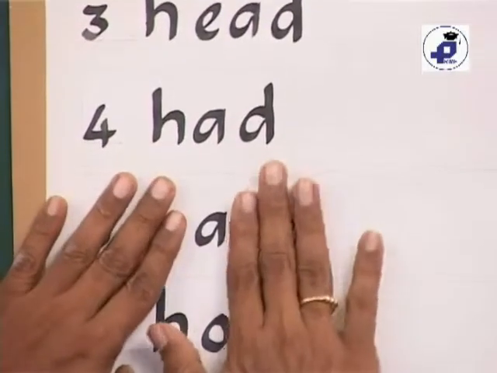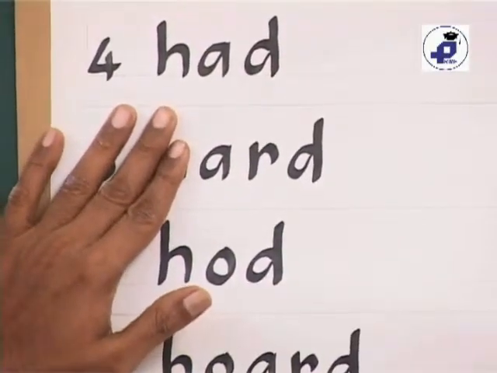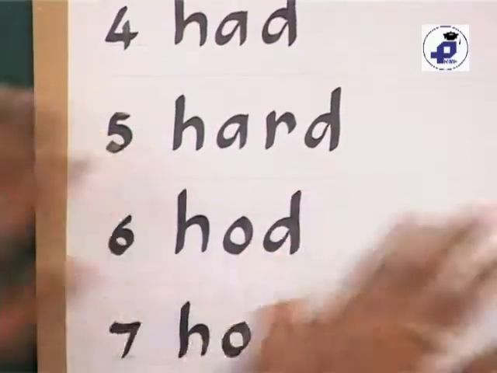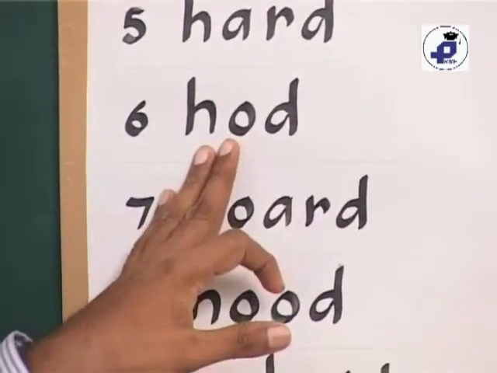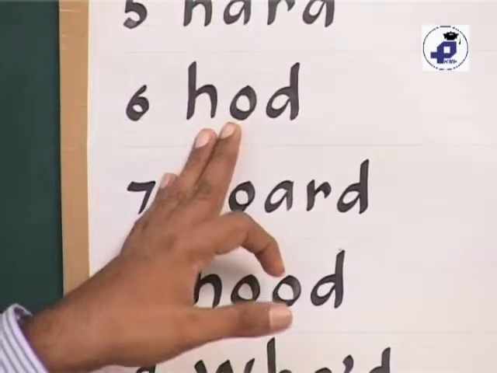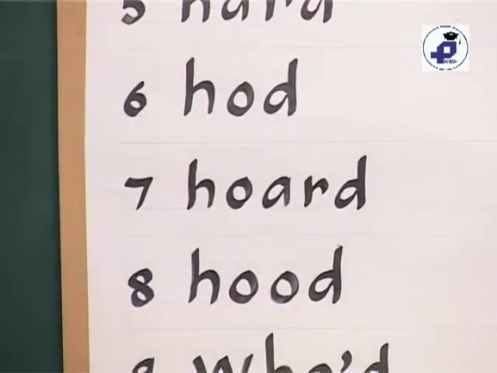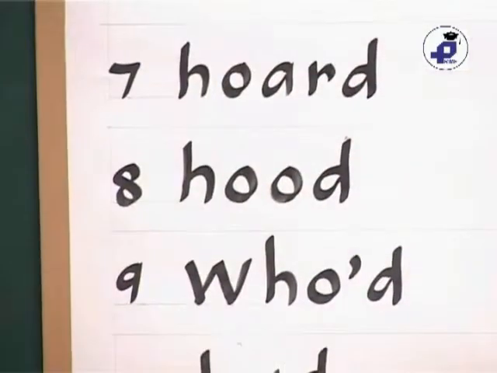Here it is, for example, H-A-R-D, hard, the ha sound comes here. Here it is H-O-D, block H and D, it becomes the odd sound. Then here it is H-O-A-R-D, hoard, the hold sound comes.